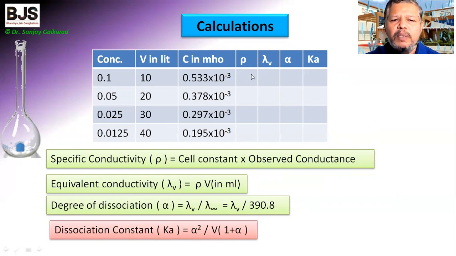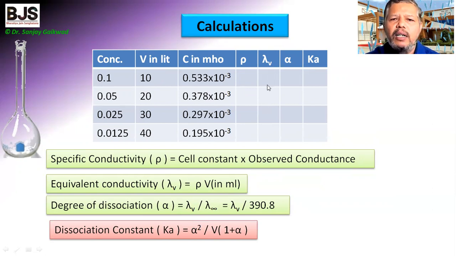After that, we calculate the equivalent conductivity, which is equal to rho into V, where the volume is taken in ml: 10,000, 20,000, 30,000, 40,000 ml. We multiply rho by this volume. This is the equivalent conductivity.